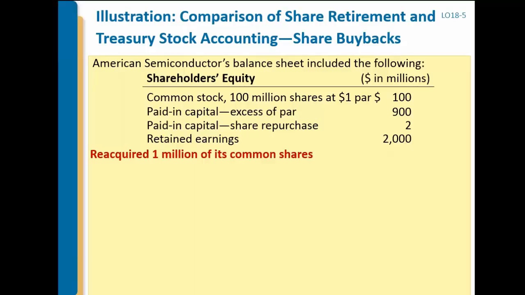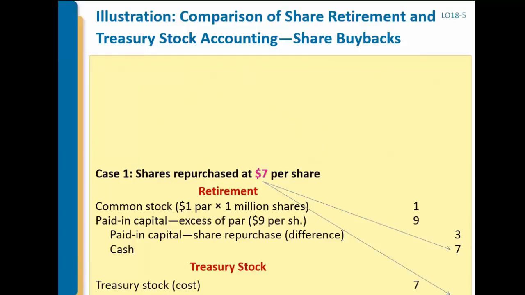So here's an illustration. American Semiconductor's balance sheet includes the following items. We have common stock, 100 million shares at $1 par. We have paid-in capital in excess of par, paid-in capital from shares repurchased, and retained earnings of 2,000. Case 1, we repurchase the shares at $7.